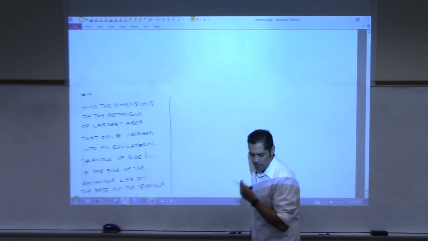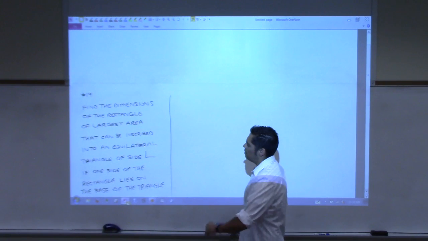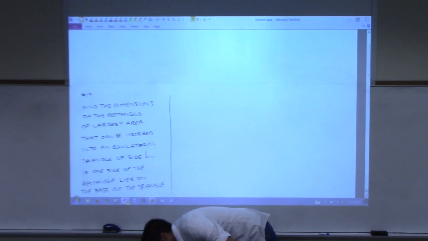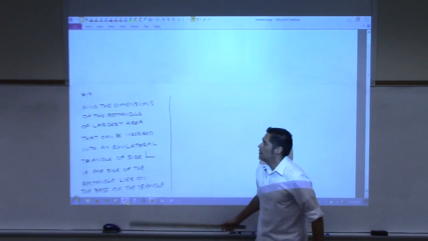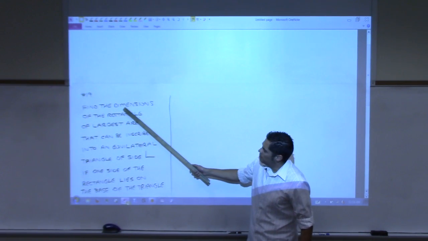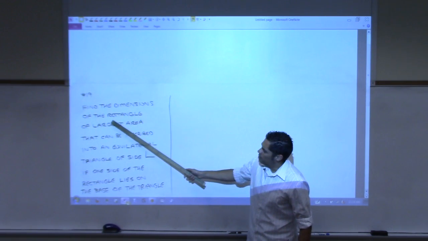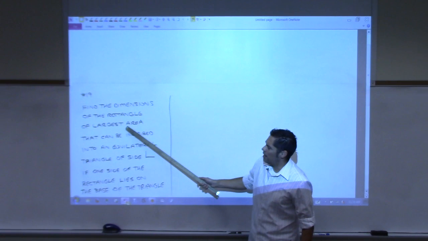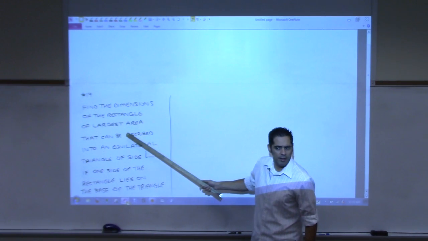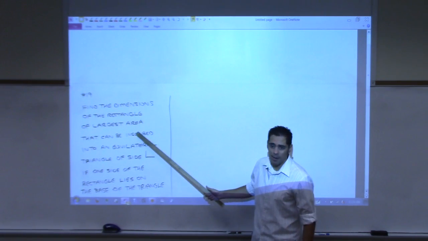So from the word problem, hopefully you see that you want to find the dimensions of the rectangle of largest area, right? This is basically telling you that you want the maximum area possible.